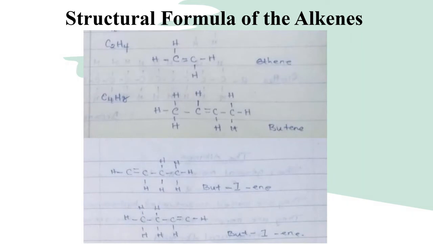They are more reactive than the alkanes. For butene, we have carbon 2 joined with carbon 3 with a double covalent bond at the middle. Then in but-1-ene we have carbon 1 combined with carbon 2.